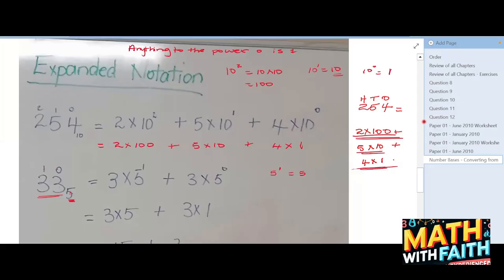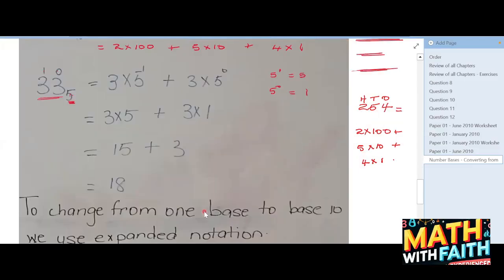So this is 3 by 5. And what is 5 to the power 0? Anything to the power 0 is 1. So this will be 3 multiplied by 1. What are 5 threes? 5 threes are 15.